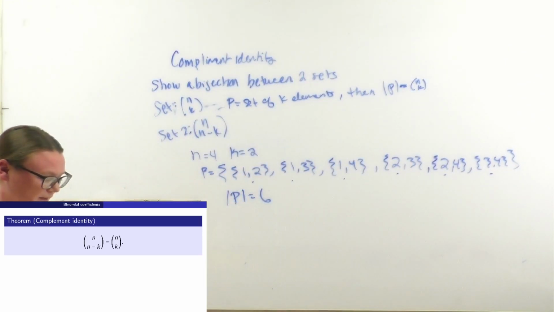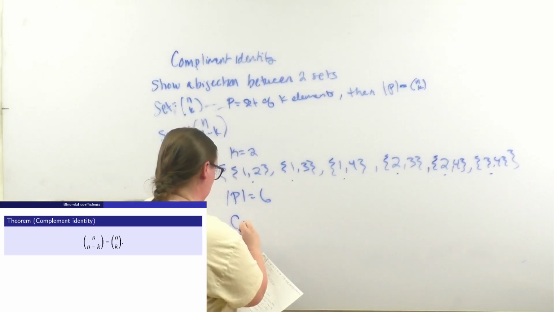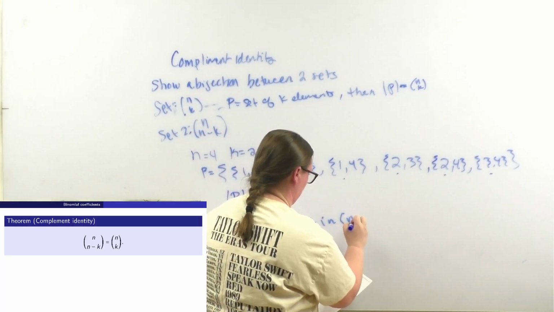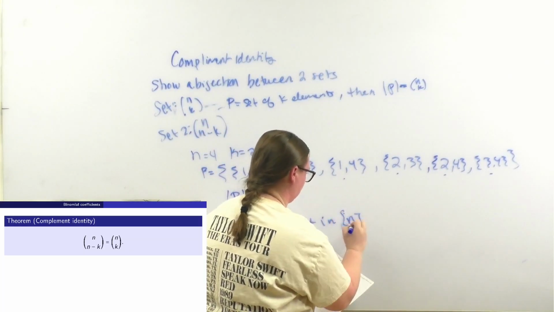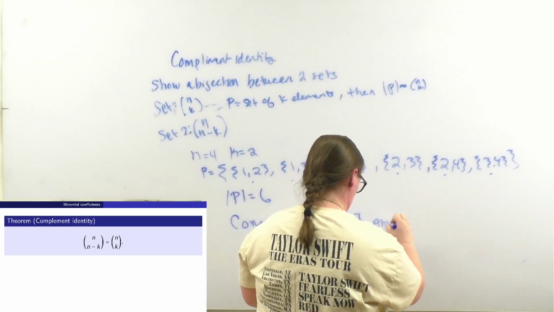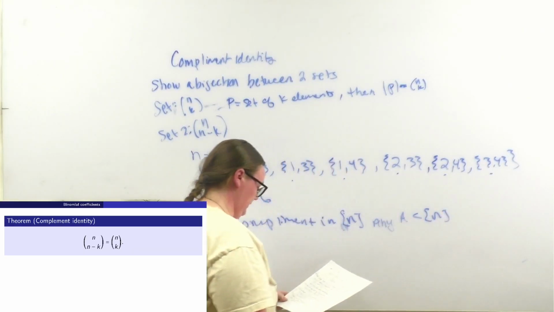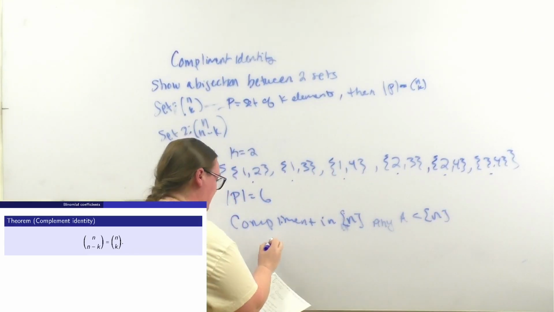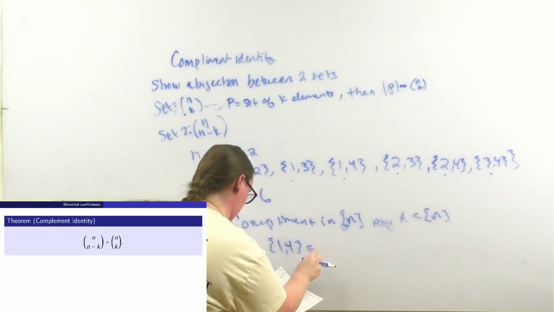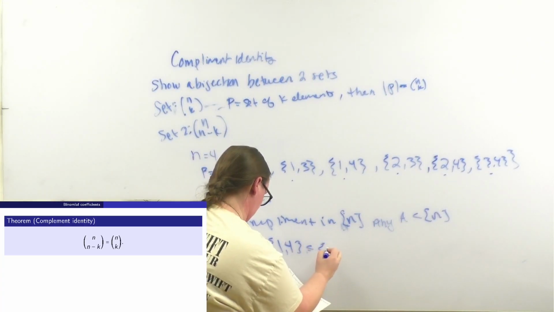Awesome. Okay, now we want to note the complement, that's a square bracket, with any A contained in N. And using this example, that would be like 1, 4 is contained in here.